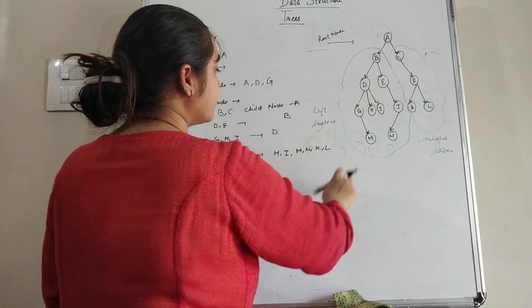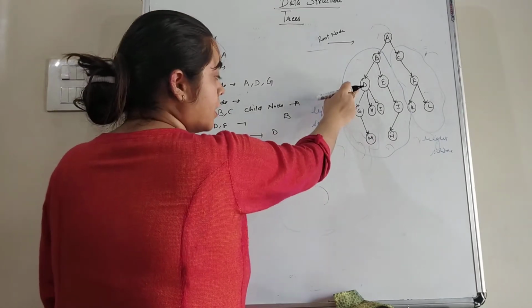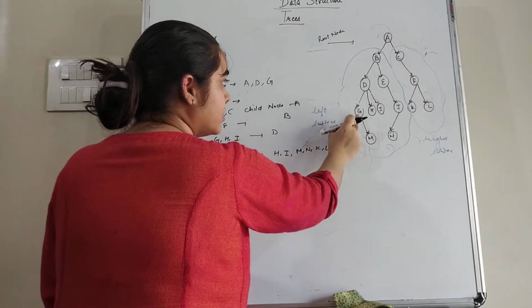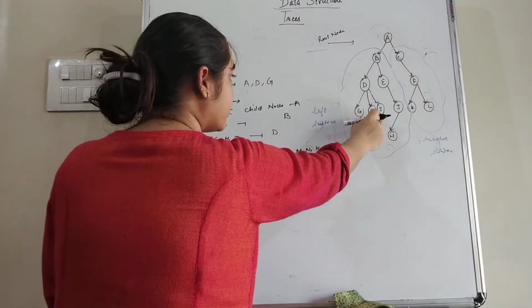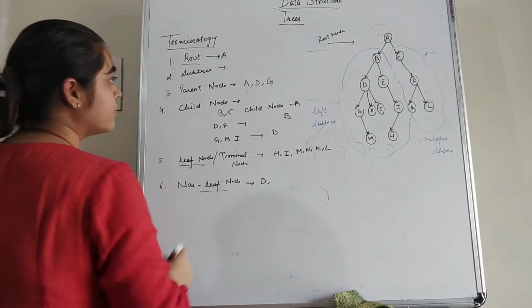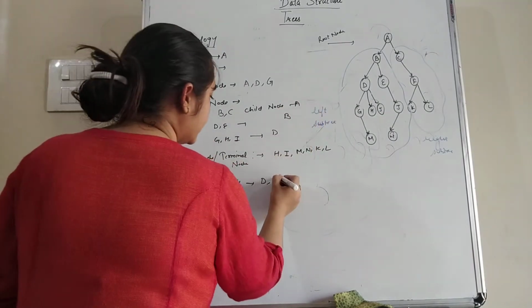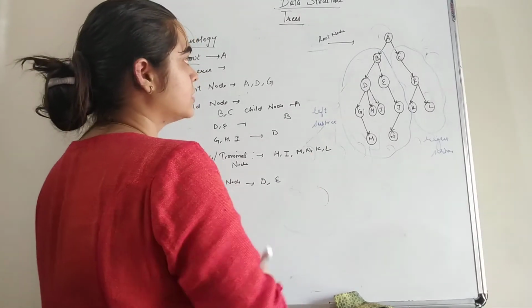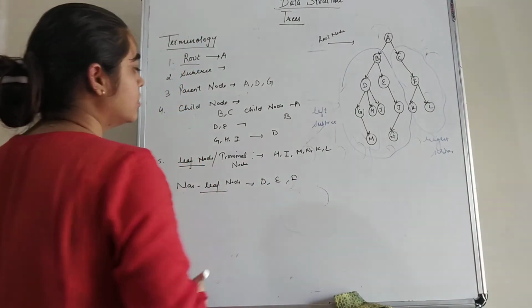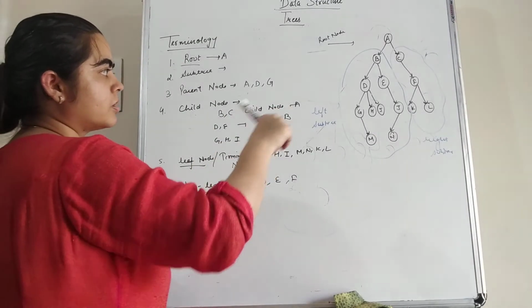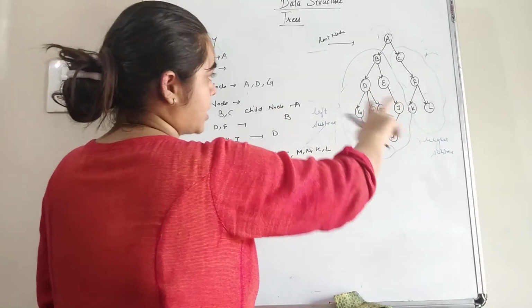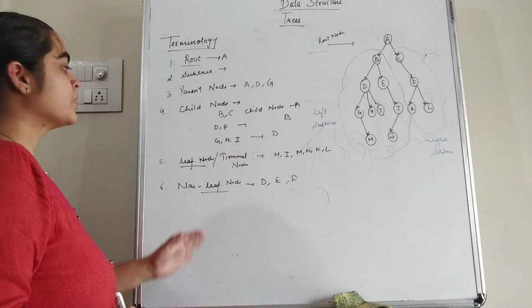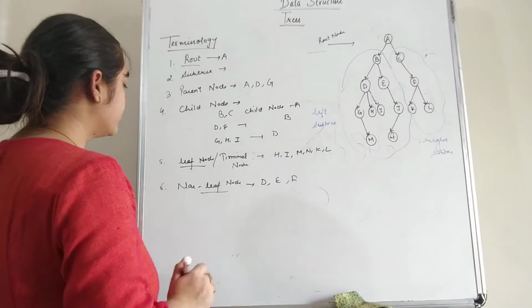In this tree, the non-leaf nodes are D, because D has three further connected nodes. Again E is a non-leaf node because E has only one child, that is J. F is a non-leaf node because again two children are connected with it. So these are the non-leaf nodes.